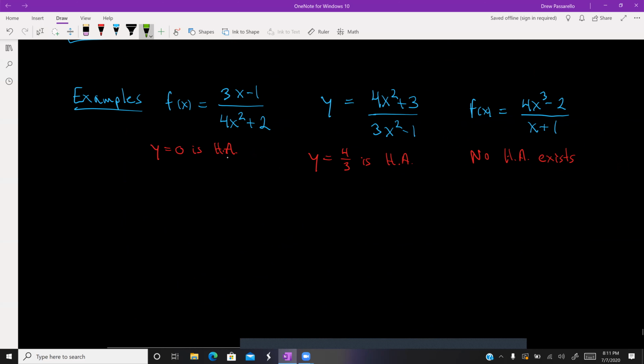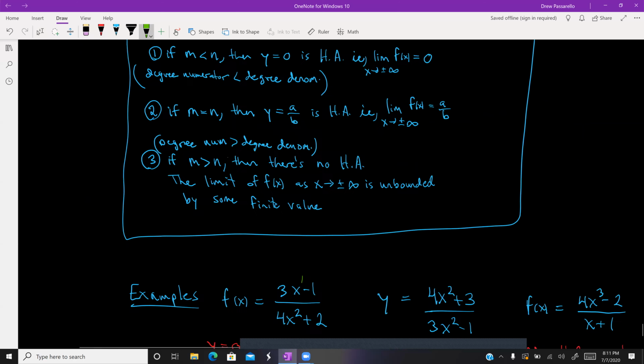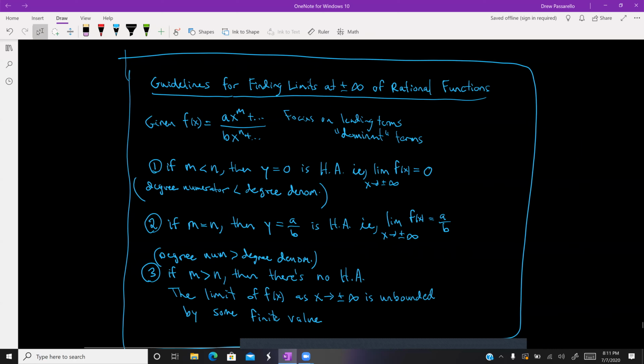So m is 1 and n is 2, so m is less than n. That puts me in the first category, so y equals 0 is the horizontal asymptote.